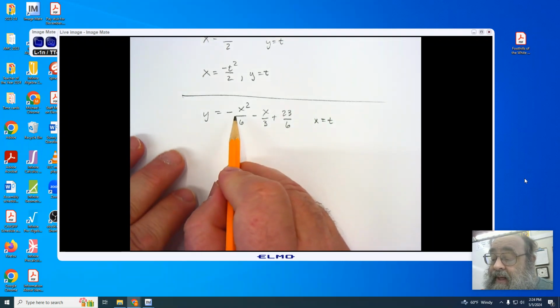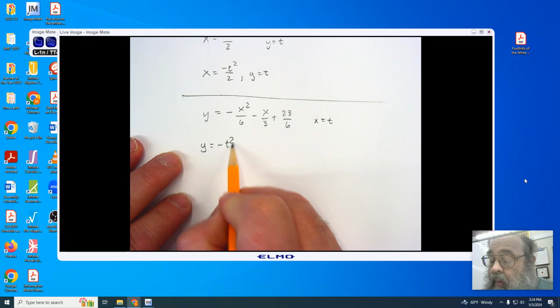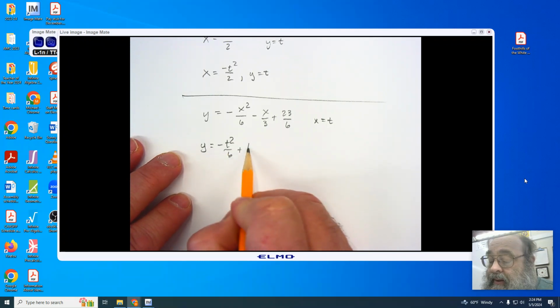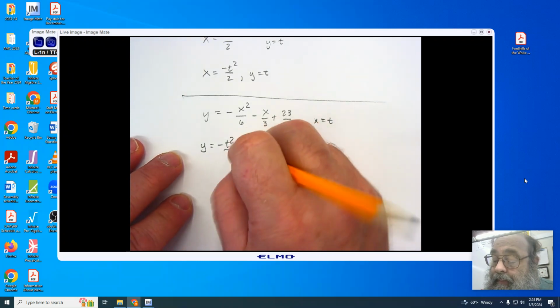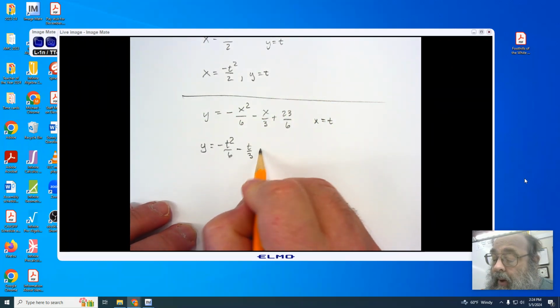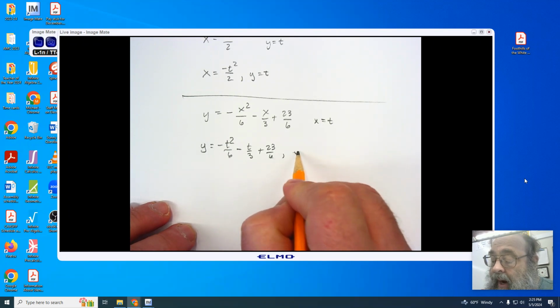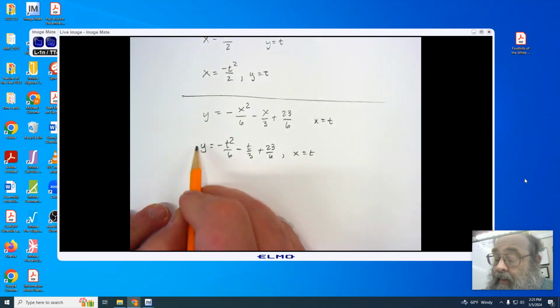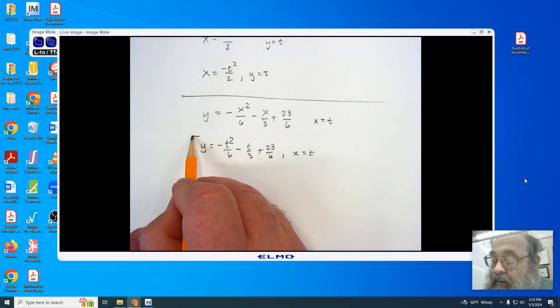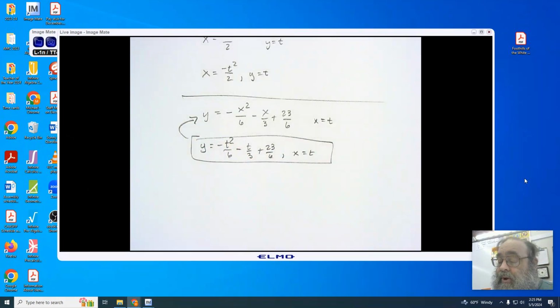Now, wherever I see an x, I'm going to put in a t. Negative t squared over 6 minus t over 3 plus 23 over 6, and I have x equaling t. These are now my two equations for this function, which is a parabola.